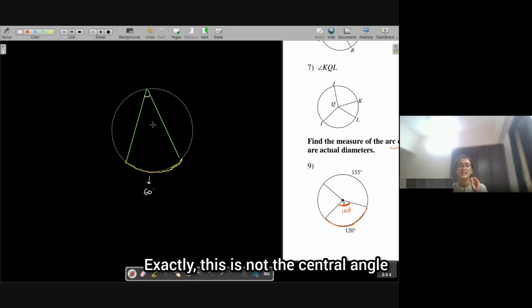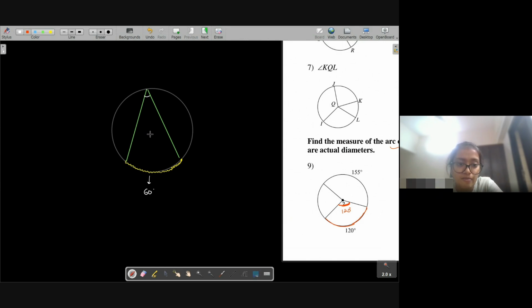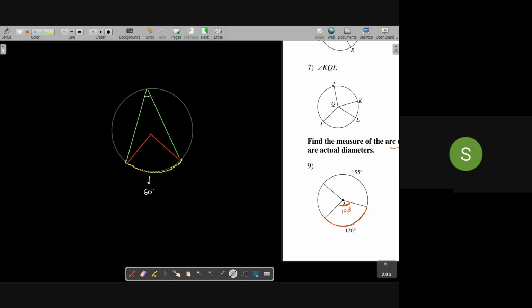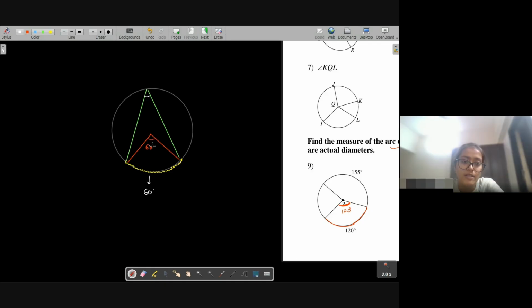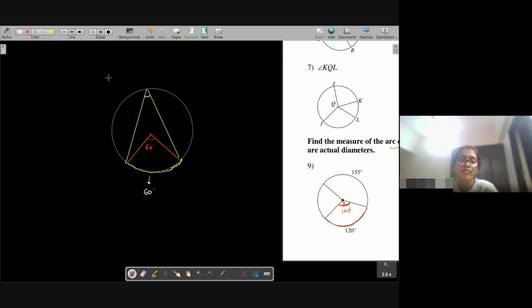Exactly. This is not the central angle. Only the central angle will be 60. So if this is the central angle, that will be 60, okay? Our next concept is based on finding out this angle, but we'll come to that later.